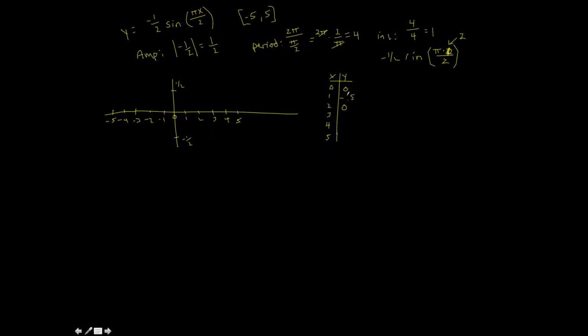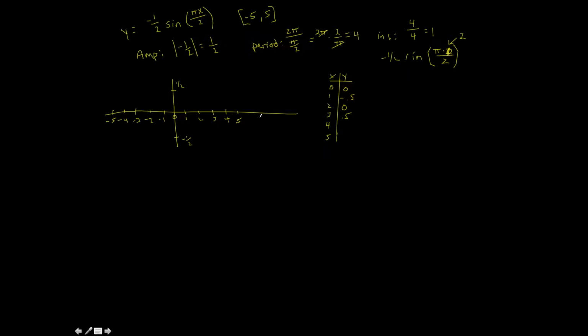All right, so then we do 3. Take your 3, plug it in, and this is actually going to give you a +1/2 when you plug it in and find out its value. It's going to give you the sine of 3 pi over 2, which is -1, and -1 times -1/2 is +1/2. Well, what about when we plug 4 in? You should start seeing the pattern now.